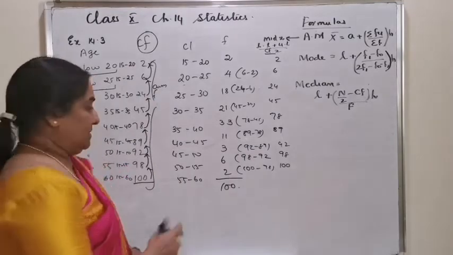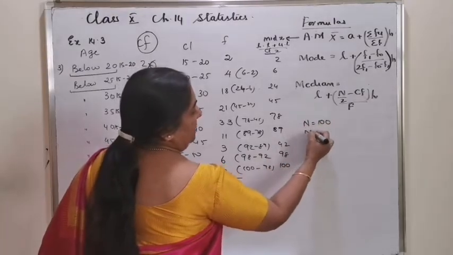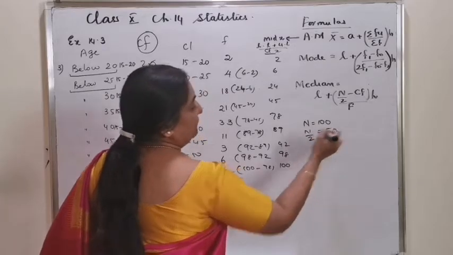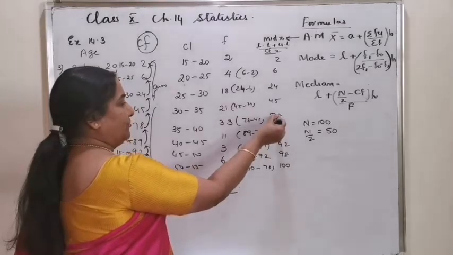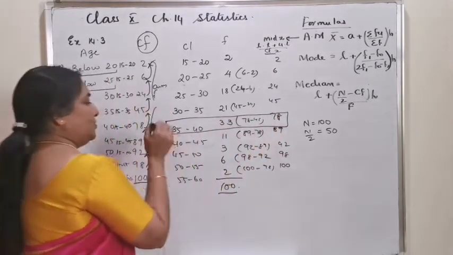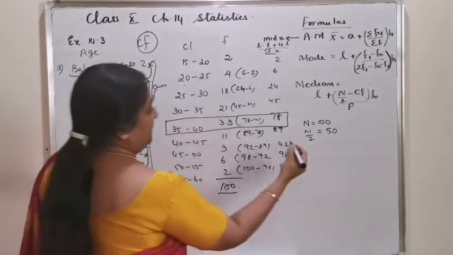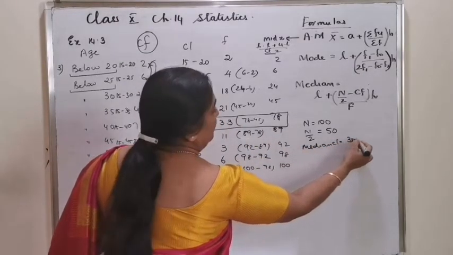And now, how do you proceed with this? Capital N is equal to 100, so N by 2 is equal to 50. The cumulative frequency close to and more than or equal to 50 is 78, in the class 35 to 40. So the median class is 35 to 40.